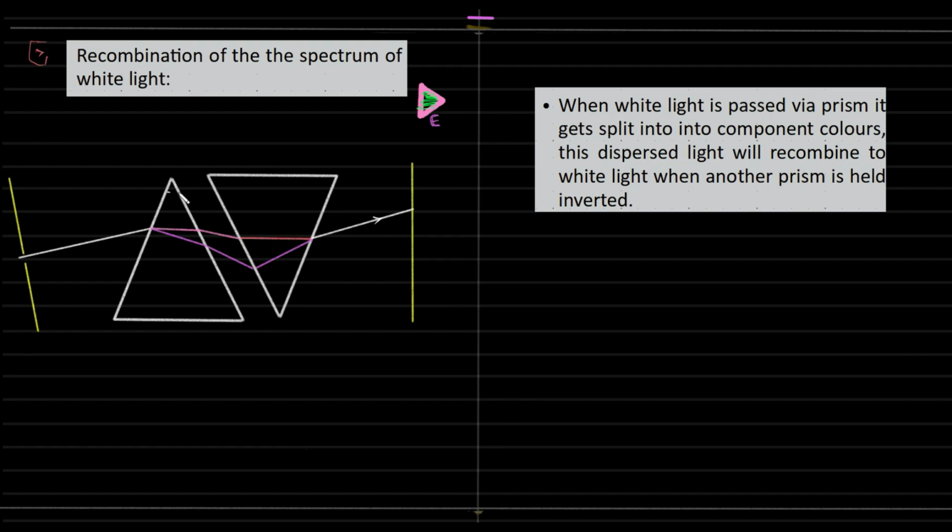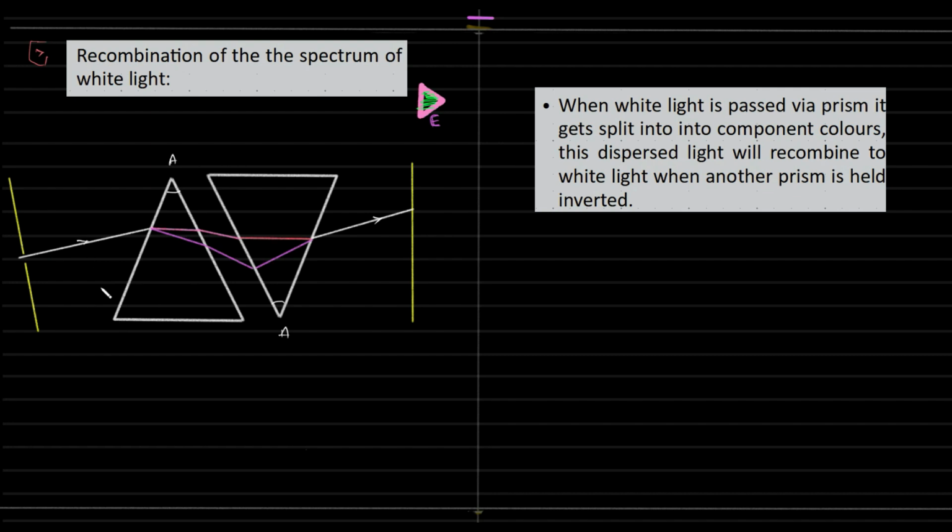Okay, so these two prisms have the same angle of prism. So these two have the same value. Understood? So if we place two prisms which have the same angle of prism, we will get the white light back.